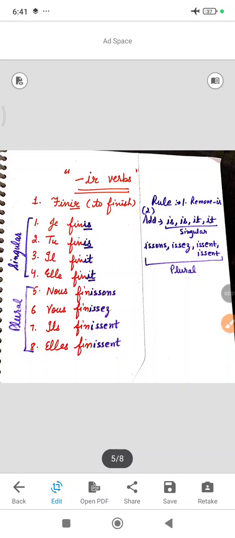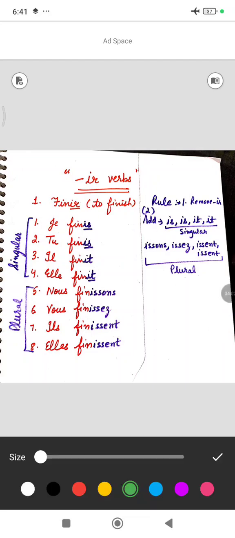Okay, so with the singular, what I did, I have added IS, then tu, with tu also IS, il and elle with IT. So you can remember one thing. See here, je and tu the same rule applies, il and elle the same rule applies. Here also I pronounce this il and elle only. We never pronounce the S in the French language. How could we know?